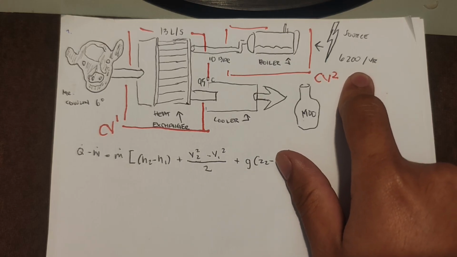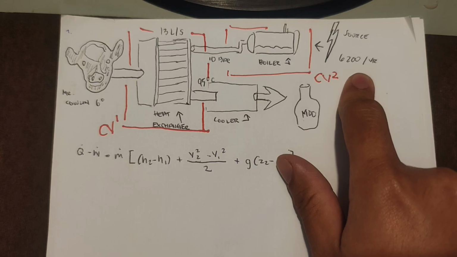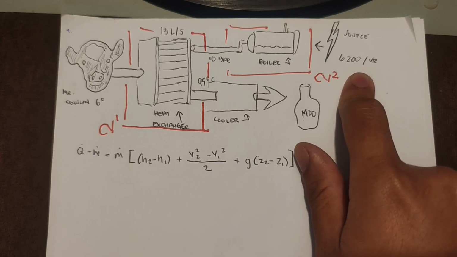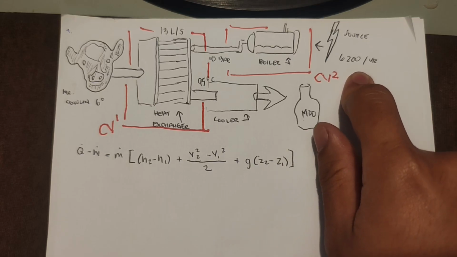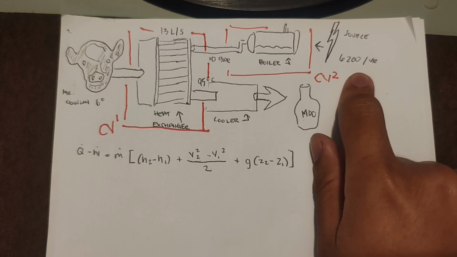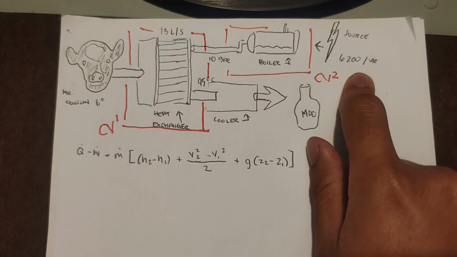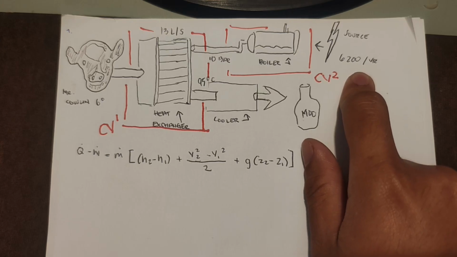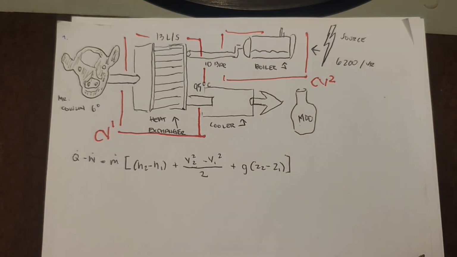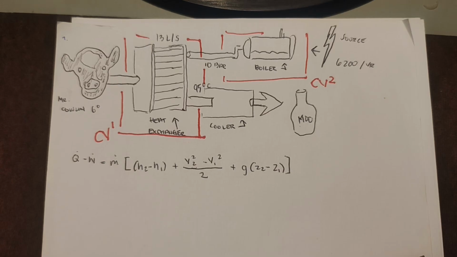Our client wants to know how much electricity they will use per year for this heating process and how much it will cost if the electricity is 14 cents per kilowatt hour, and the efficiency of his electrode boiler is almost 97%. Take the density of the milk to be 1035 kilogram per meter cube.